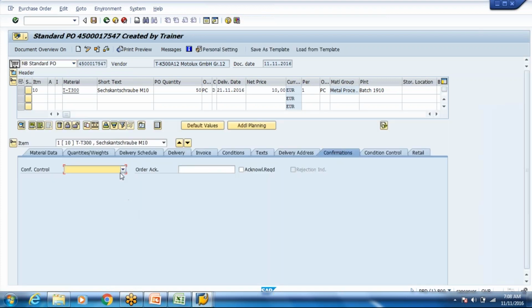I'm sure I did mention the confirmation control key, somehow it didn't get saved.